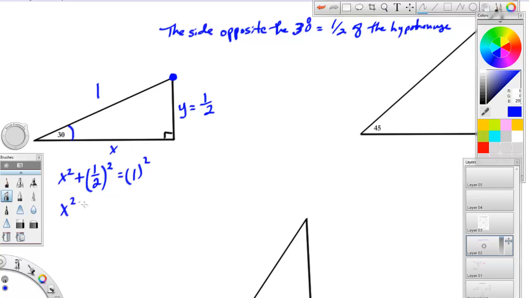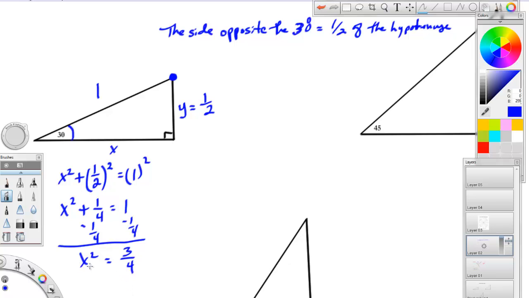So this is x squared plus, now 1/2 times 1/2 is 1/4, equals 1 times 1, which is 1. Now let's solve for x. We subtract 1/4, so x squared equals 1 minus 1/4, which is 3/4.